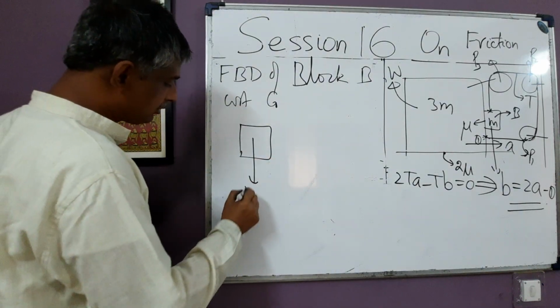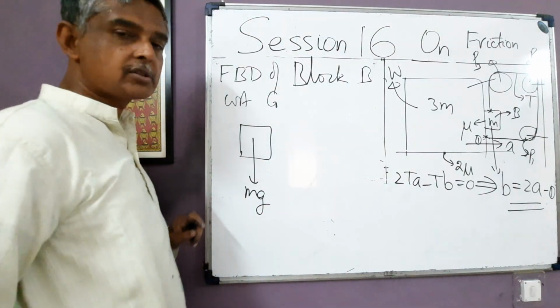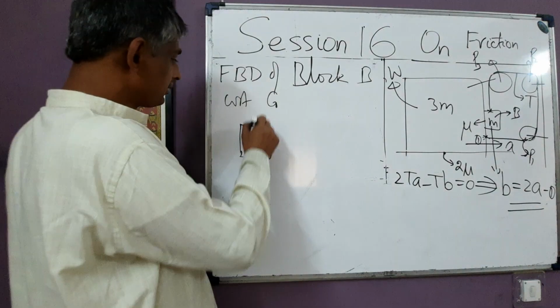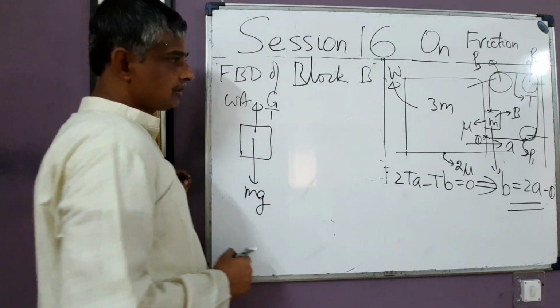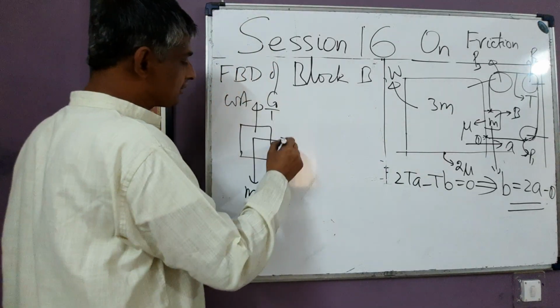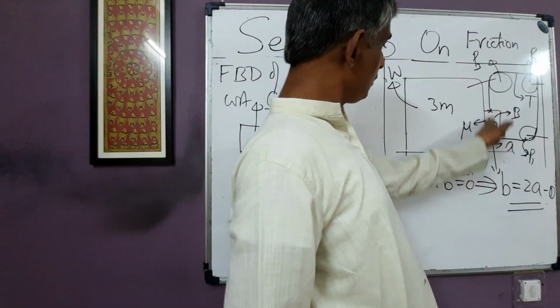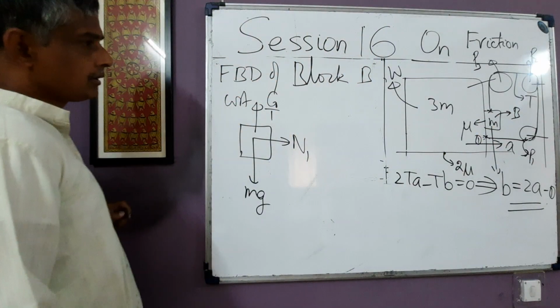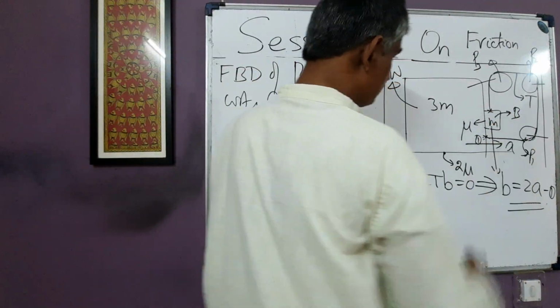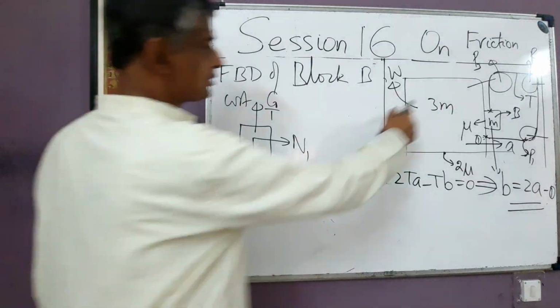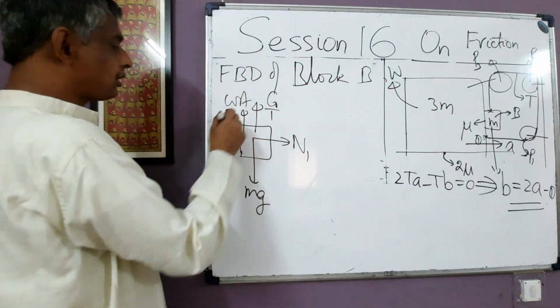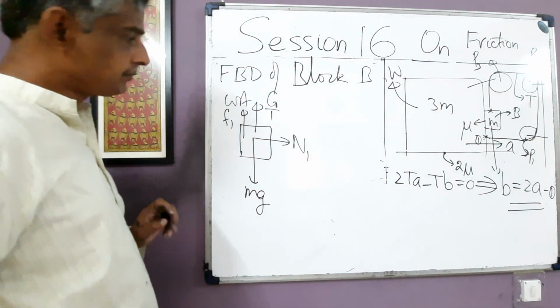See, here it is Mg. Only real forces will act on this block because ground is taken to be an inertial frame. Tension T acts upward. This wedge will exert a normal force N1 on this block in upward direction. With respect to wedge, this block is moving downward with some acceleration B. So with respect to wedge, this block is slipping down. So the vertical face of this wedge will exert a friction force F1 on this block in upward direction.